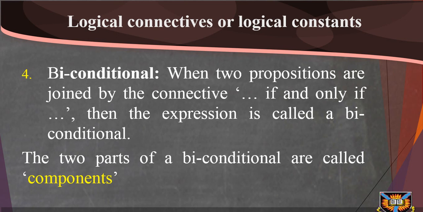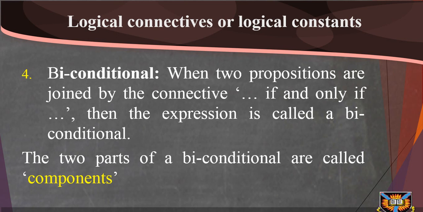The conditions under which expressions involving a biconditional can be true or false are shown below. P column: true, true, false, false. The triple line column: true, false, false, true.